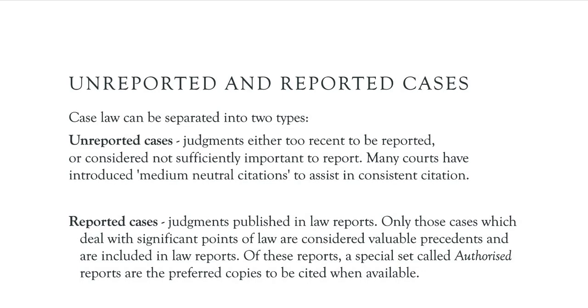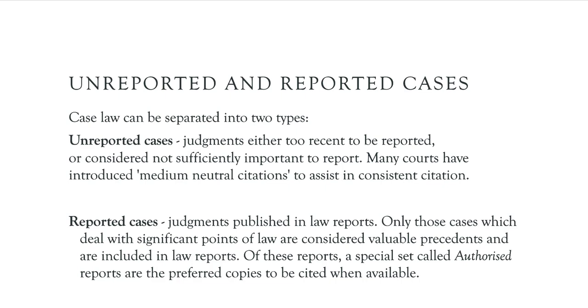Case law can be separated broadly into two types, unreported cases and reported cases. So unreported judgments are judgments that are either too recent to be reported on or published in a law report series, or they're not considered sufficiently important enough to even go on to be published. And many courts have introduced what we call medium neutral citations to assist in the consistent citation of these online resources.